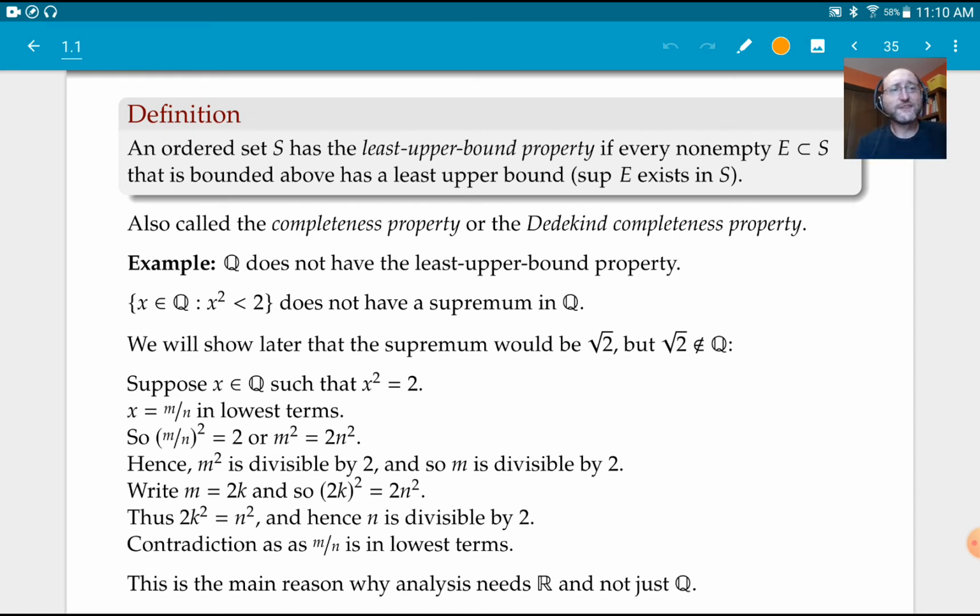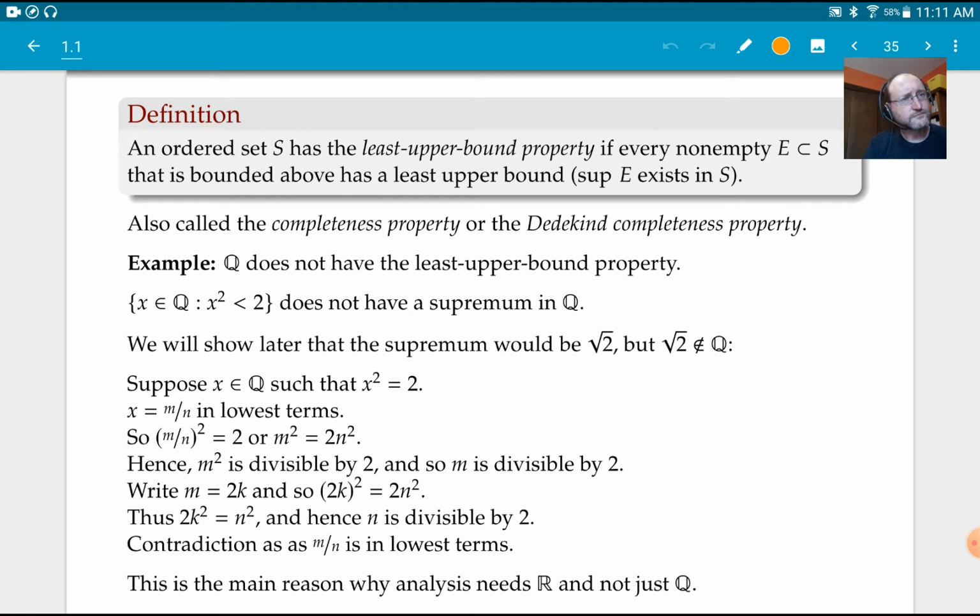Really, we want to be able to take limits, and we don't want to worry about whether the limits exist, if they look like they should exist. So if something is bounded above, if we can find better and better approximations for the least upper bound, there better be a least upper bound.